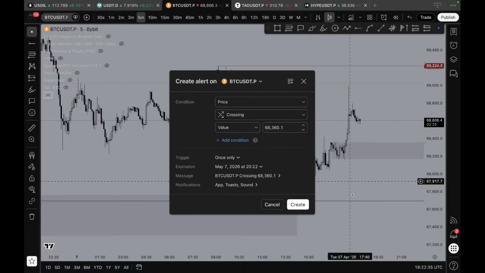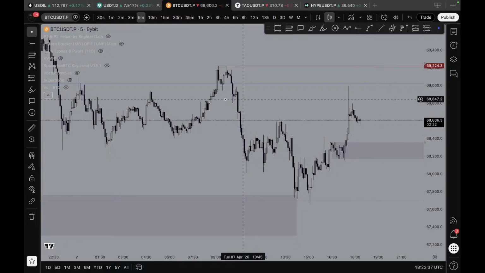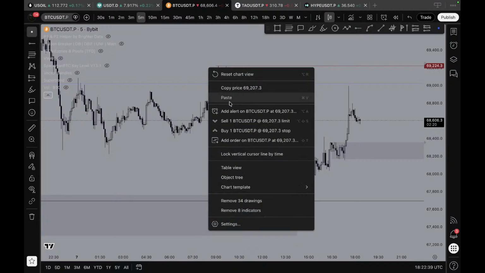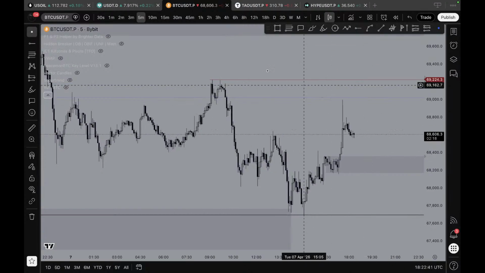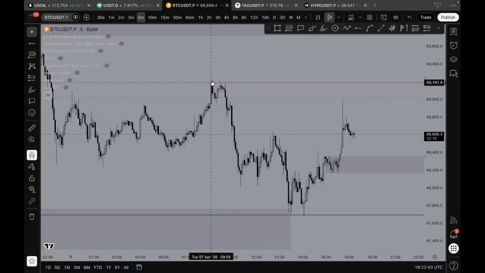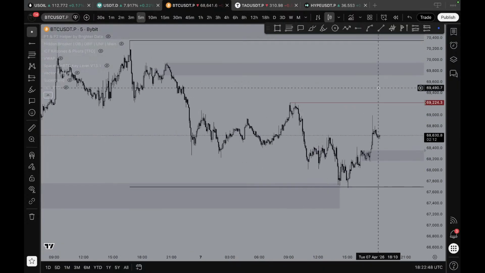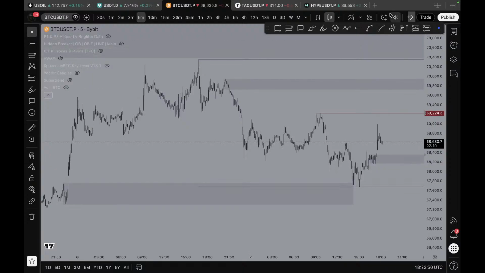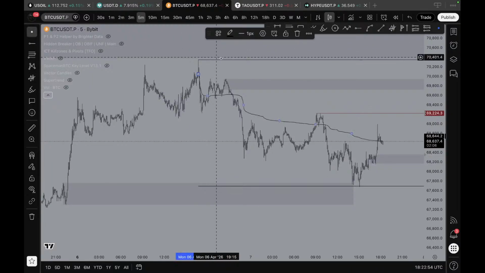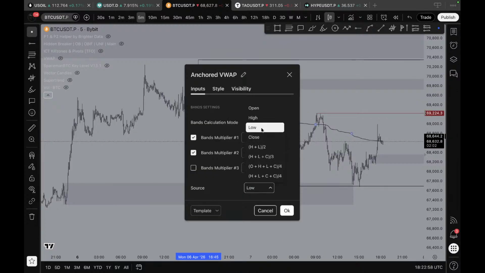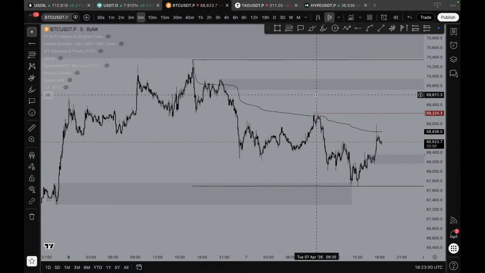Let me put some alerts in that demand right here. This is the market structure high, so also interested in that level. Let's clean up the range. And let's see, how is the VWAP from the high?